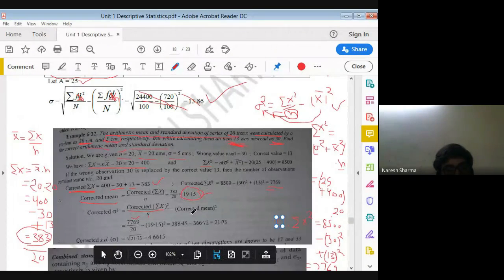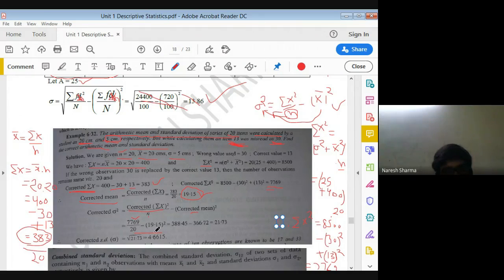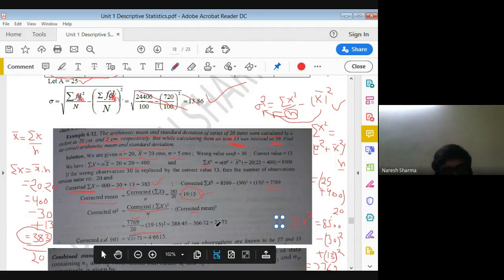Just put here the correct mean and n as 20, you get this one. After that, you calculate this, that is 21.73. Because this is sigma square, to get the standard deviation we take the under root of 21.73. After taking the under root, it gives you 4.6615.